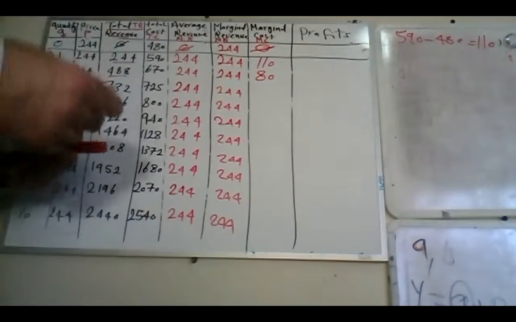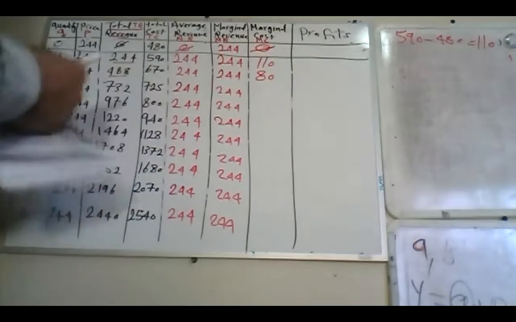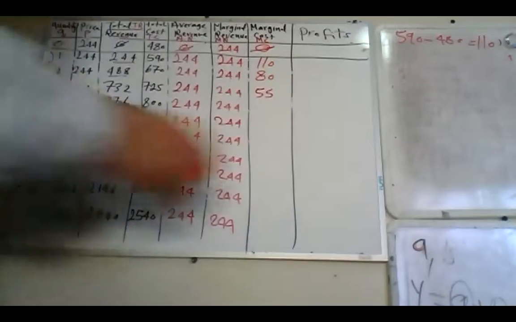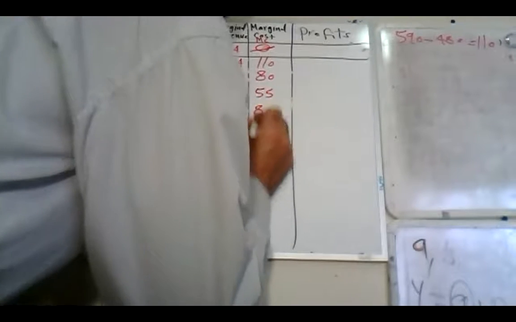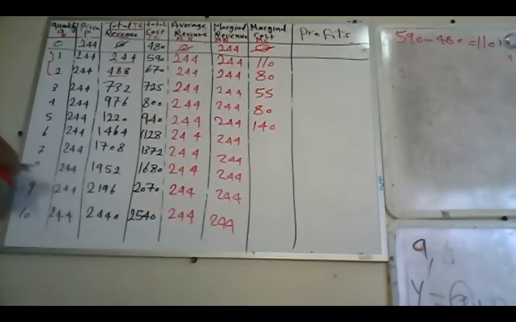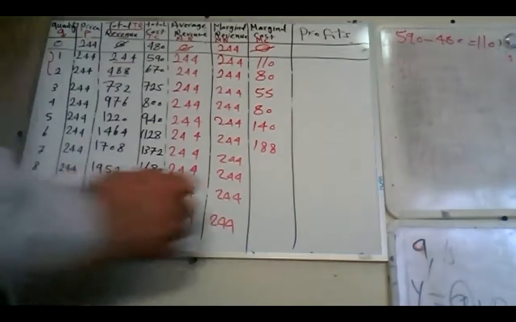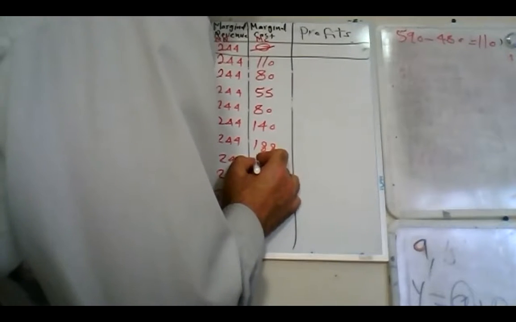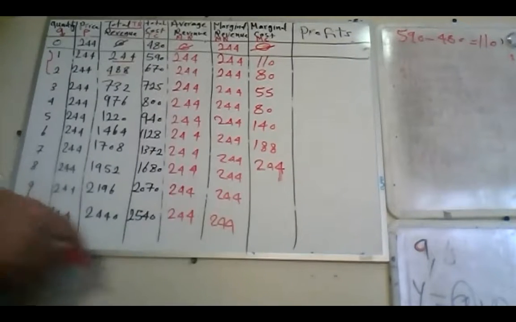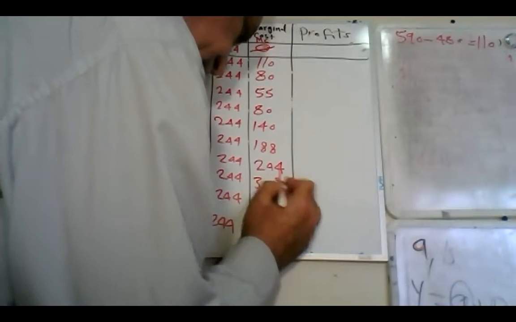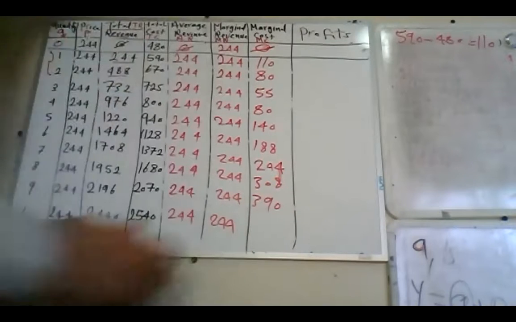And the numbers will be like this: 110, 80, 55, then 80, then 140, then 188, then 244, then 308, then 390, then 470.